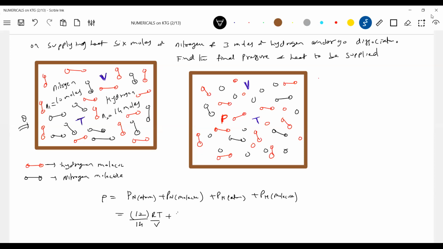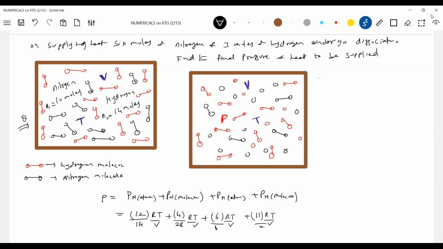So 4 into 28 RT by V. Hydrogen atom: 6. What should be the molecular mass of hydrogen atom? Atom is 1. Hydrogen atom will be 1. This will be 11 by 2. Okay, finish. Able to make it out?